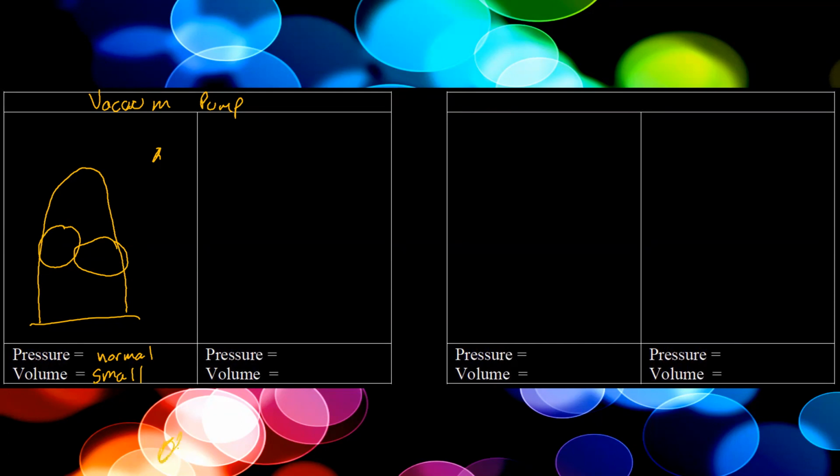But it definitely is going to make the pressure lower than before. What did you see happen to the volume, the size of the balloons? They got bigger, right? Yeah, so let's just say big.